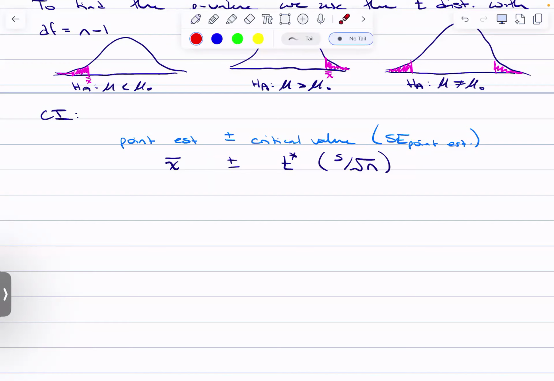I think I remember seeing, maybe Sydney had it written out a little bit differently, T times S over root n, something like that. They're the same, right? I'm just multiplying and dividing. The reason I like to write it like this is just to emphasize that it's still taking this form of the critical value times the standard error of the point estimate.